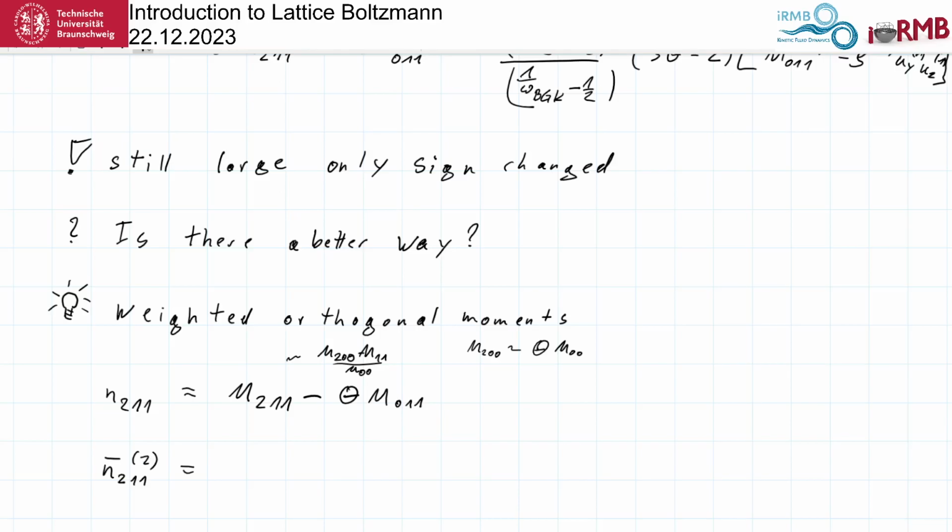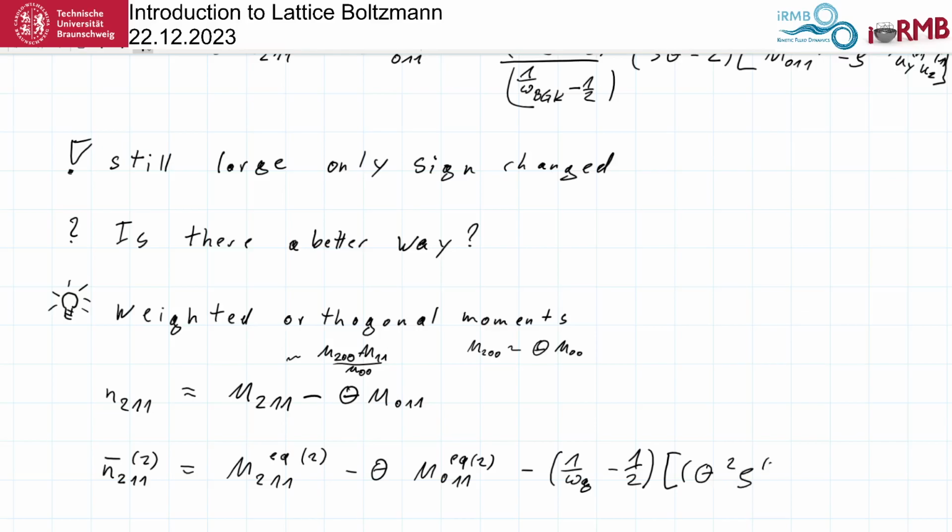So again, to second order, putting in the equations. Minus theta m011. So here comes the equilibria, second order. It comes minus 1 over omega g minus 1/2. So we relax this moment here. We get theta square rho 0, and indeed we get theta square minus theta square rho 0.